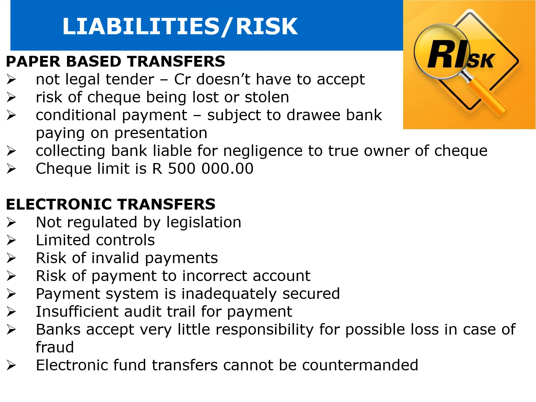The problem with electronic transfers, although they are cheap and easy and very convenient, and you can obviously transfer larger amounts of money than 500,000, is that it is not particularly regulated by legislation, which means that there is limited control and there are risks relating to invalid payments or payments to the incorrect account.